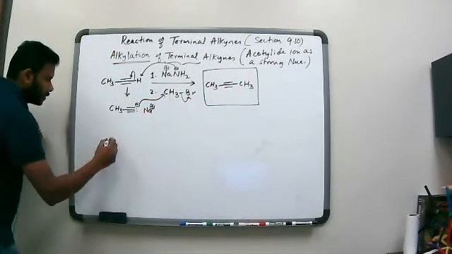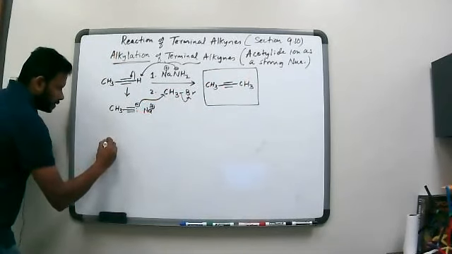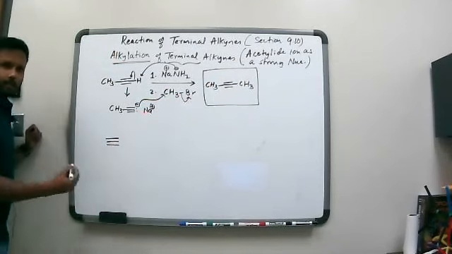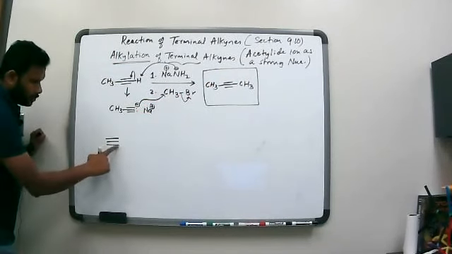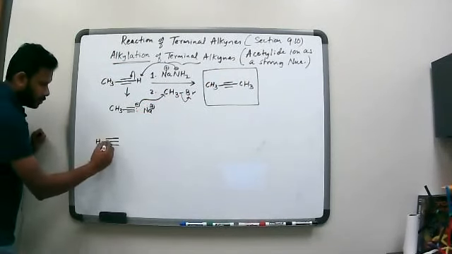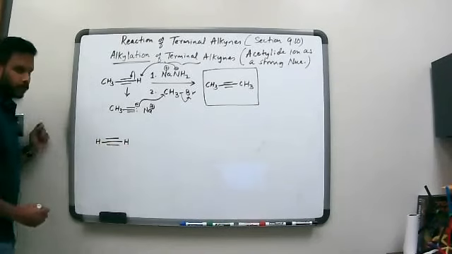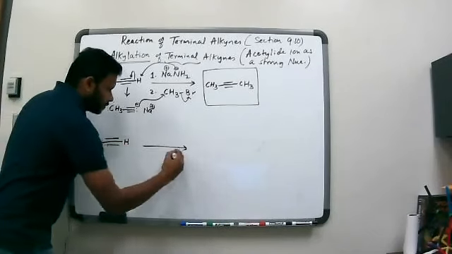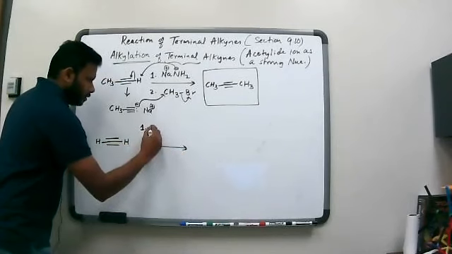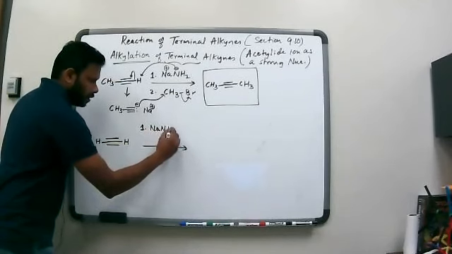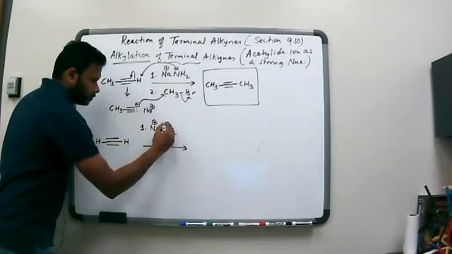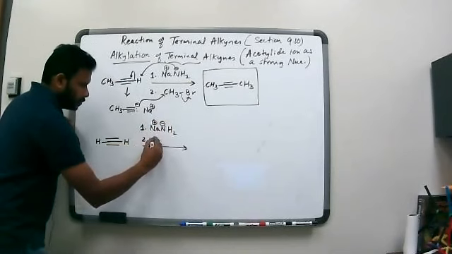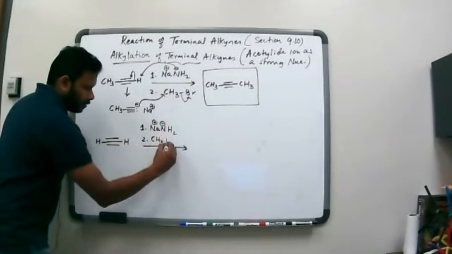Another example you might want to see is, let's say I start with the simplest alkyne possible. There are two carbons here, and they both have hydrogens on them. On this, I do 1, sodium amide, 2, methyl bromide.